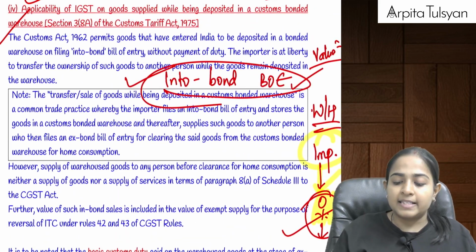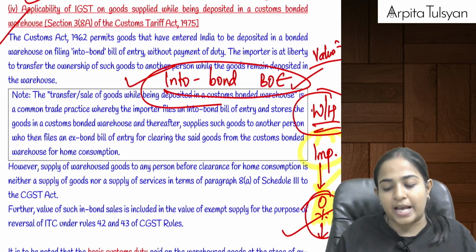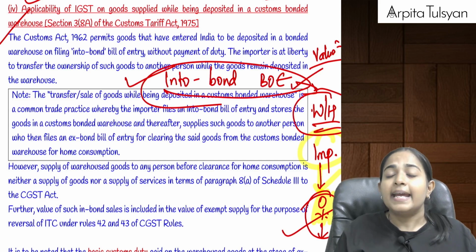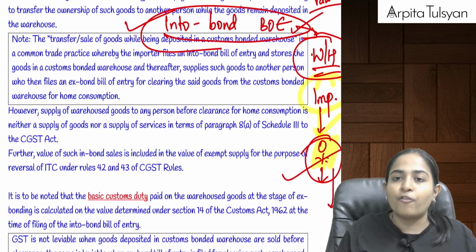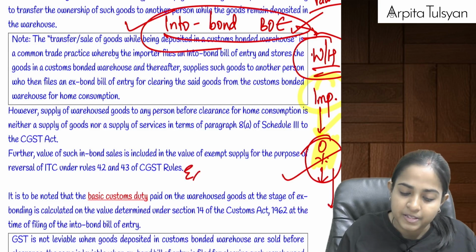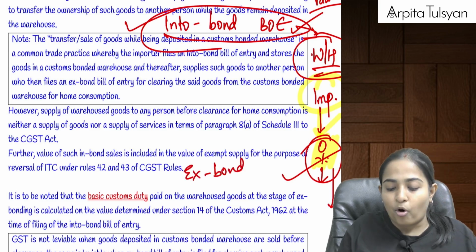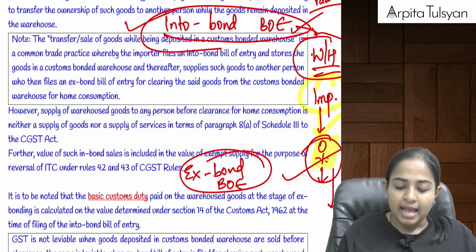When we deposit the goods in the warehouse, we file the into-bond bill of entry, but when this person clears it for home consumption, that person files the ex-bond bill of entry. Are you clear with this?